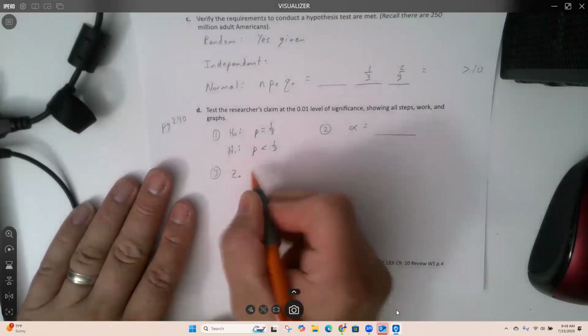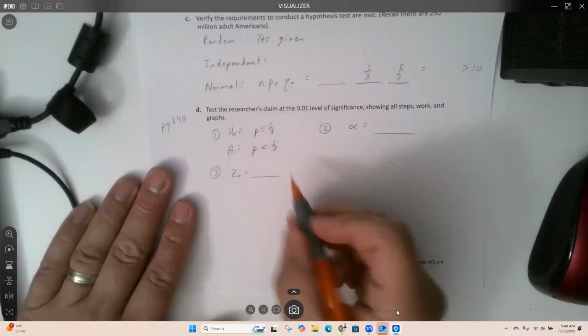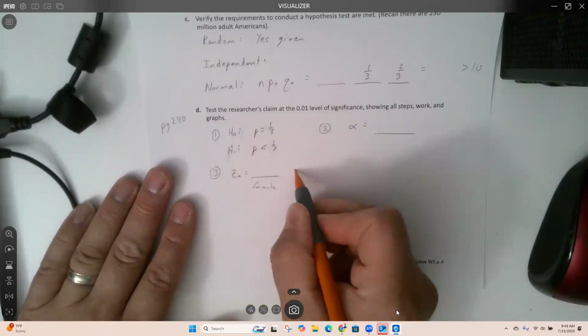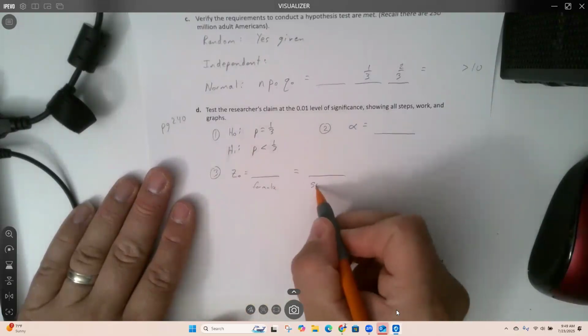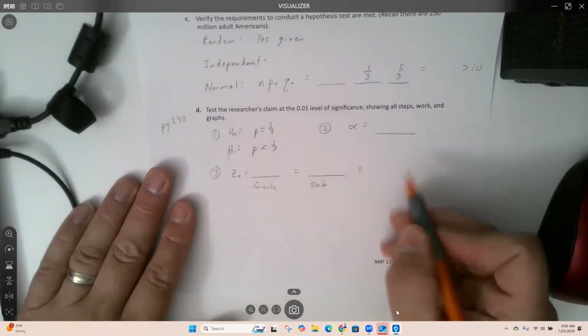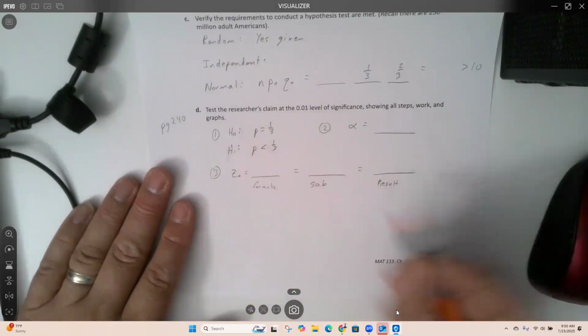All right, since we're doing P, we're using Z values. But there is still a formula for that. You substitute in your numbers. You get your result from StatCrunch.